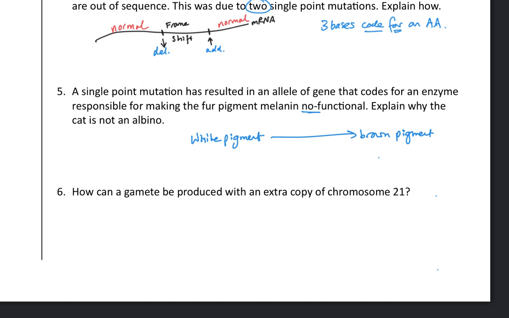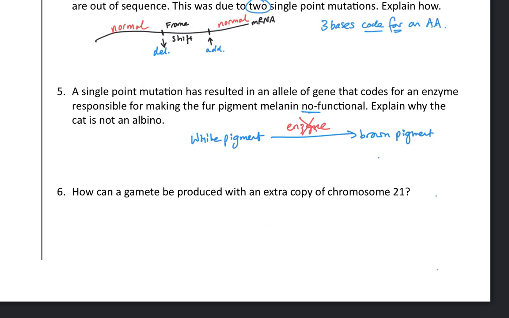And to do that, I need an enzyme. So we're saying that this enzyme is not functional, so the active site doesn't fit the white pigment to change it into a brown pigment. So surely the animal, the cat, should be an albino. It should have white pigment in its fur, not brown pigment.